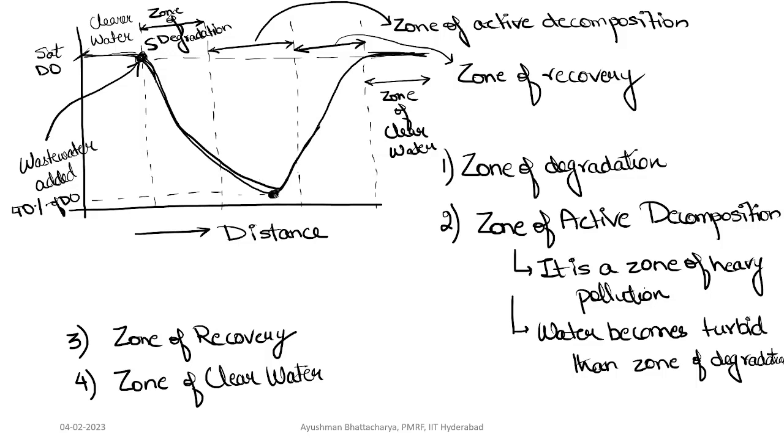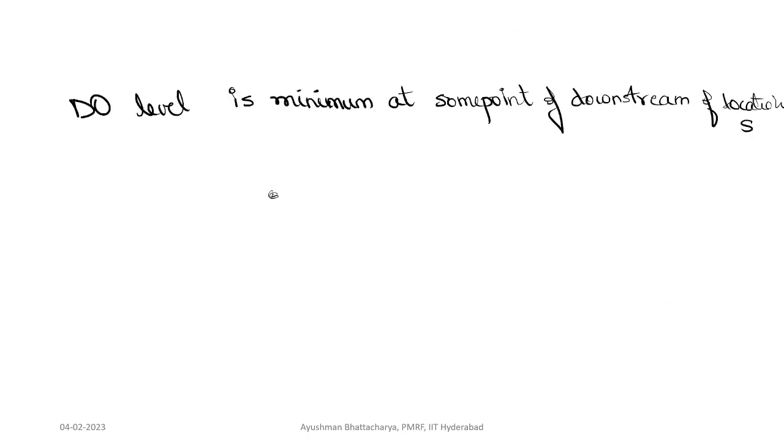So basically the DO will be lowest at some point downstream of location S. Okay, thank you.